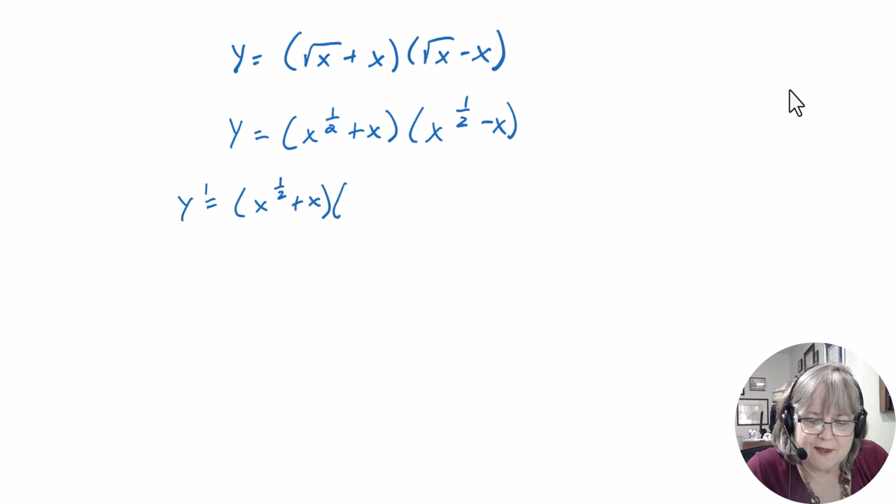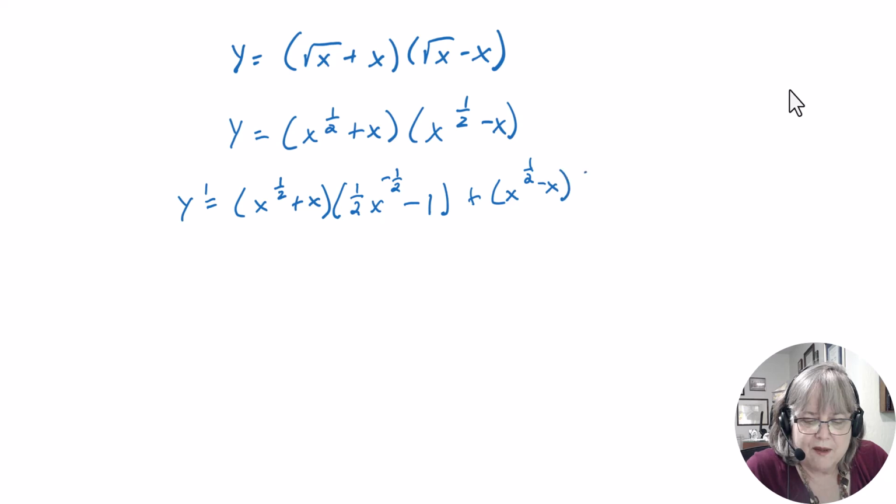Okay, so let's think. X to the 1/2. You bring the 1/2 down, leave the x alone, take 1 off the power. So 1 away from a half is -1/2. Minus, the derivative of x is 1. Plus the second times the derivative of the first.